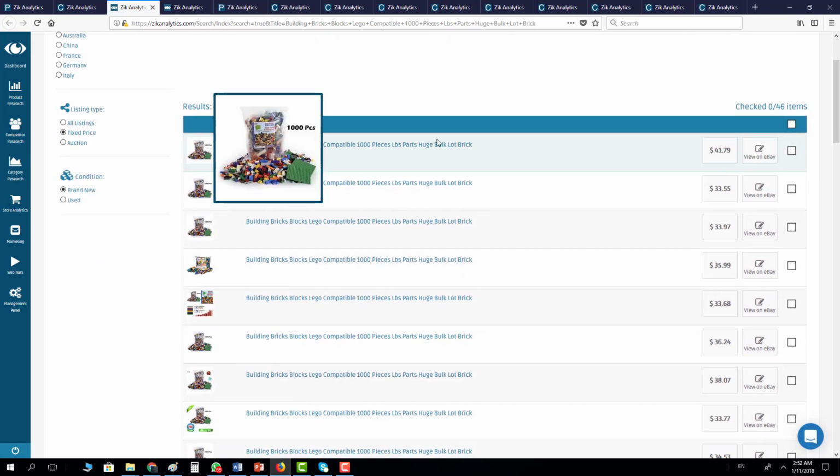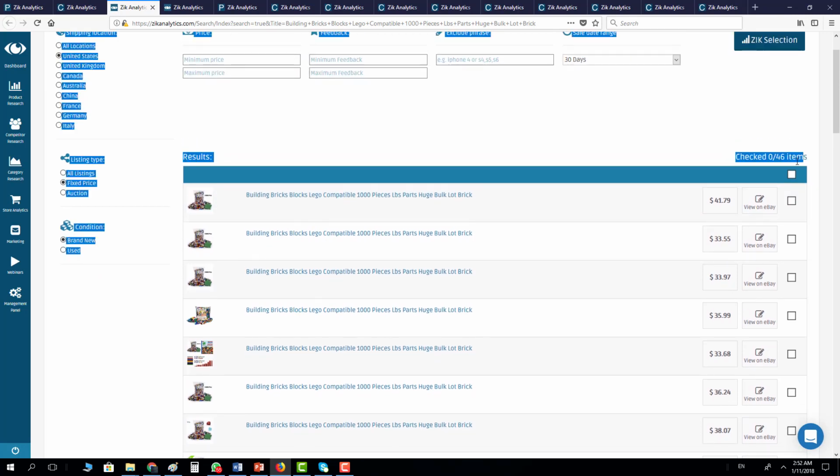I want to see how many people are selling the same item. As you can see here, there are 46 sellers selling the same items, and I can tell you this is too much competition, guys. When we copy items, when we go to other sellers and take their item, we don't want to compete with more than 10 sellers under the same title.